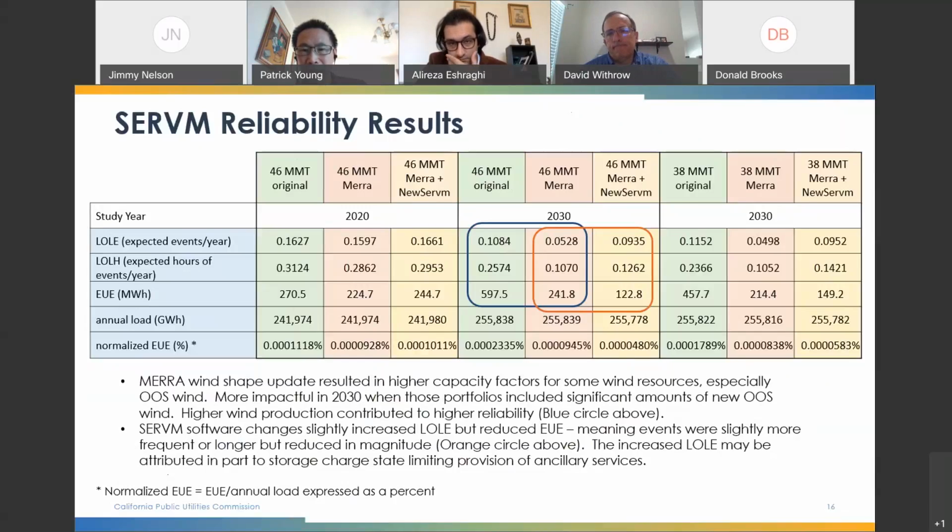Well, this is Donald. I will totally echo what Patrick just said. The change in the fleet is of great significance.